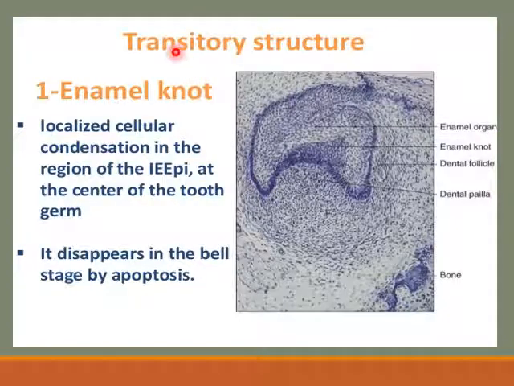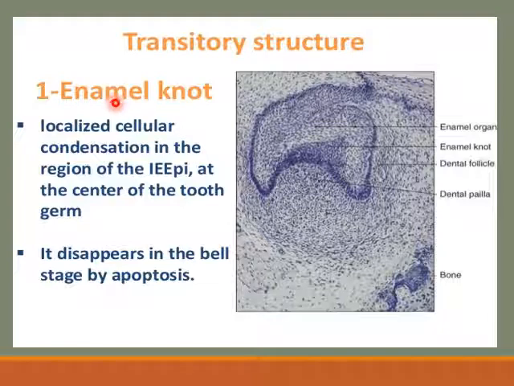We have 3 transitory structures present during cup stage and still present until the end of the early bell stage. These structures are called enamel knot, enamel cord, and enamel navel.